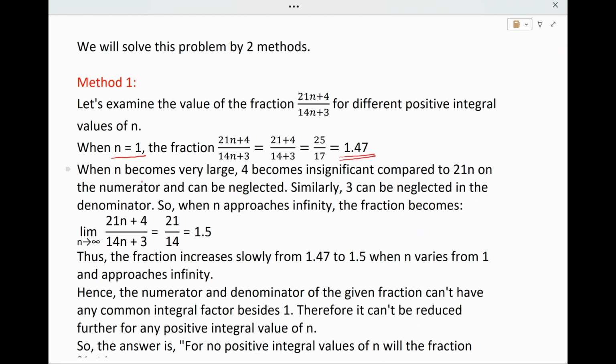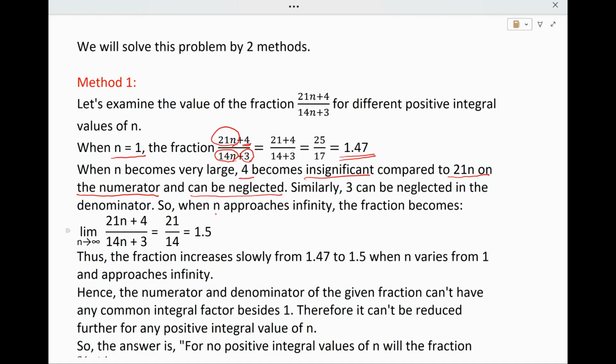When n becomes very large, 4 becomes insignificant compared to 21n on the numerator and therefore can be neglected. Similarly, 3 can be neglected in comparison with 14n because n is very large.